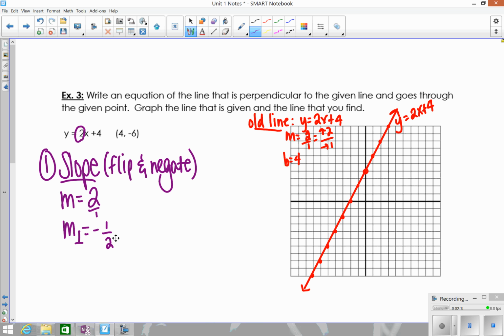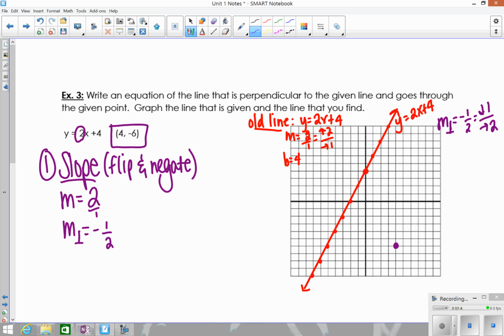So my slope is going to be negative 1 over 2, which means on a graph, your perpendicular slope is negative 1 over 2, so you're going to be going down 1 since it's negative, and we're always going to travel to the right 2. And we have to pass through the point (4, -6), so I'm going to start there. So 1, 2, 3, 4, down 6, so 2, 4, 6.